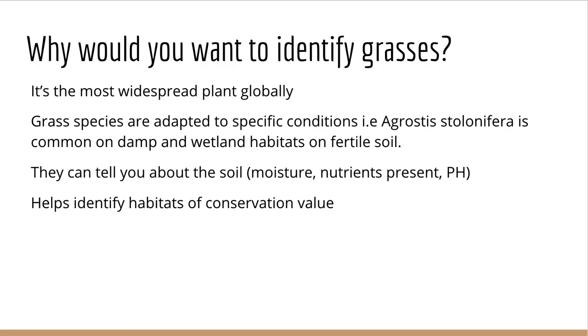They can tell you about the soil, for example soil moisture. They can tell you about the nutrients present or the pH of the soil. Is it acidic? Is it alkaline? And it helps identify habitats of conservation value. If you don't know what's in the habitat, you can't manage for it.